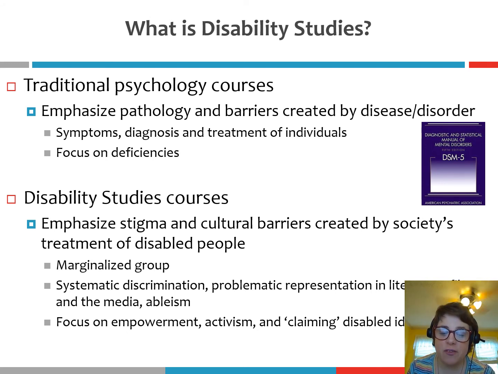So some of the things that we're going to talk about are widespread or systematic discrimination that individuals with disabilities have experienced. We're going to talk about problematic representation of disability in literature, in film, on television, and in the media.